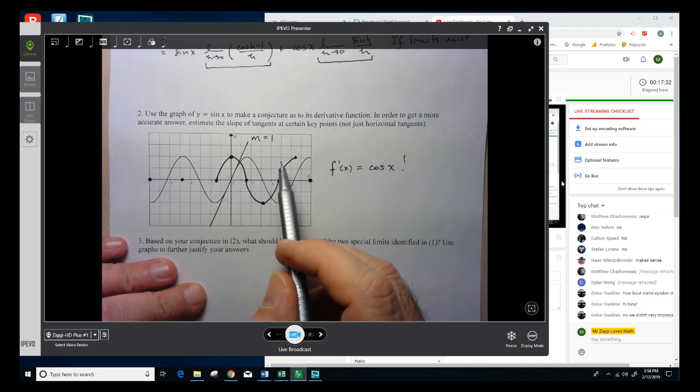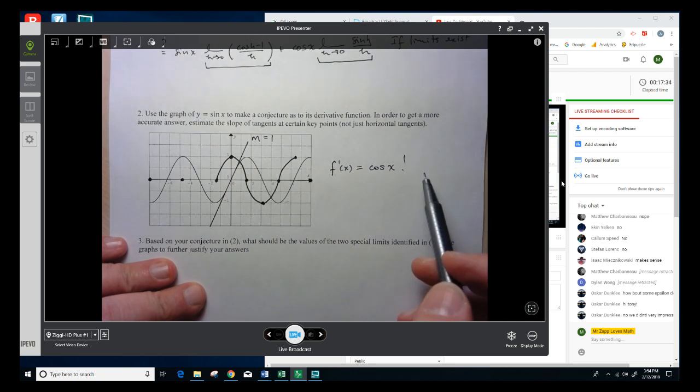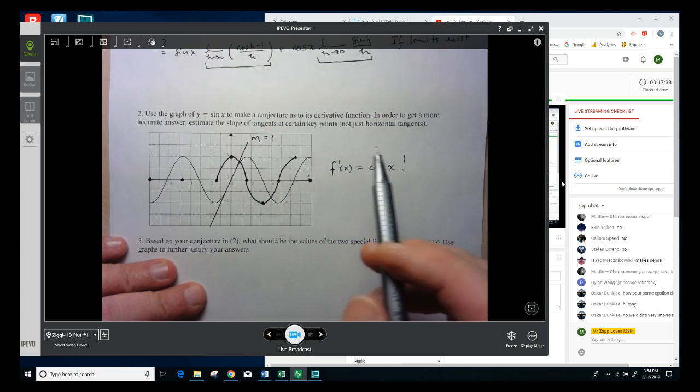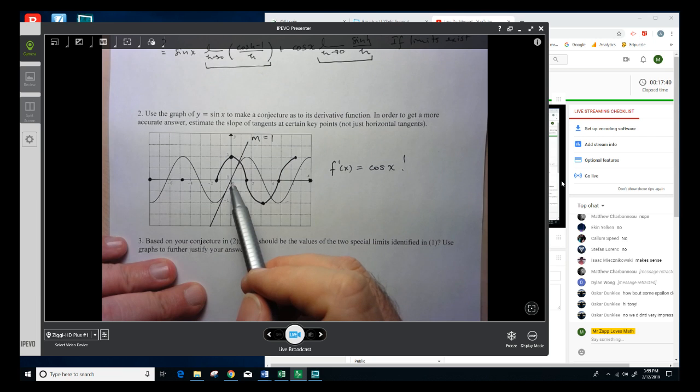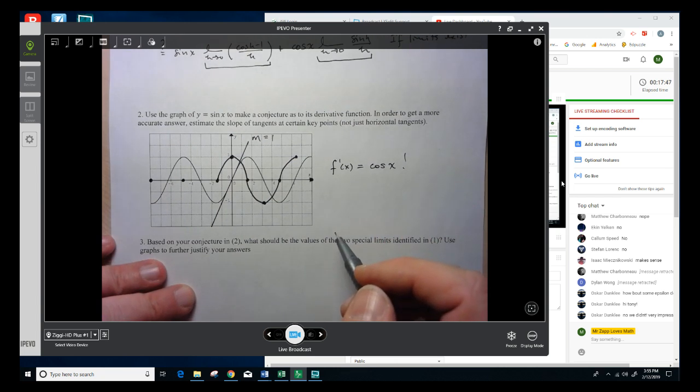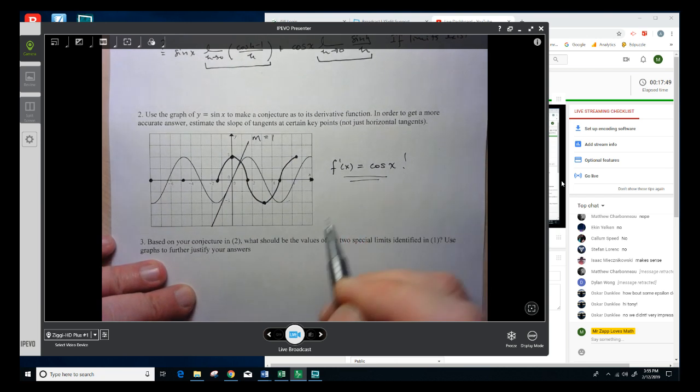It wouldn't reach its maximum till 90, which is very, very far away. So there's no way that the slope of the tangent at 0 would be equal to 1 if we were working in degrees. All right, so now we're starting to see the big reason why we work with radians as much as possible when we're working with trigonometric functions.